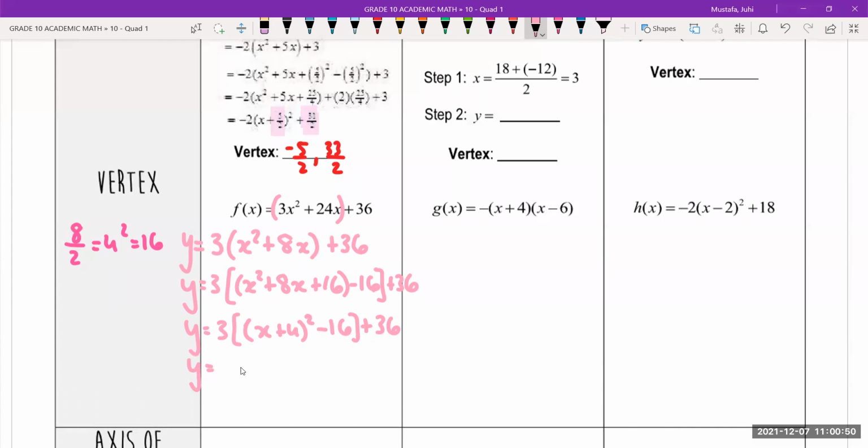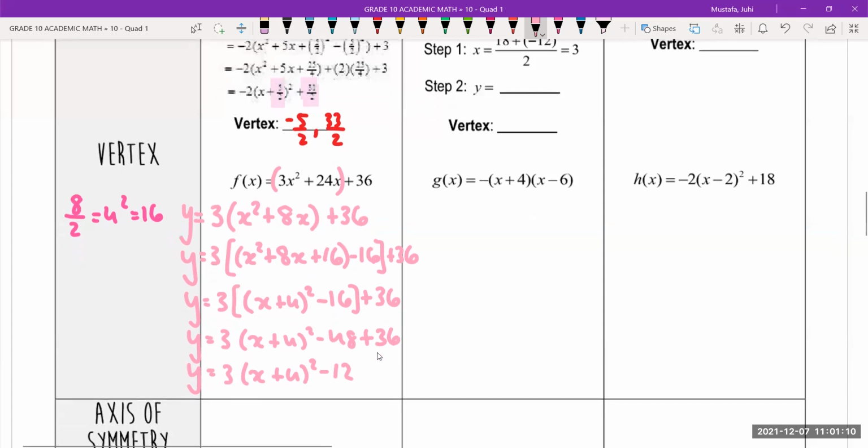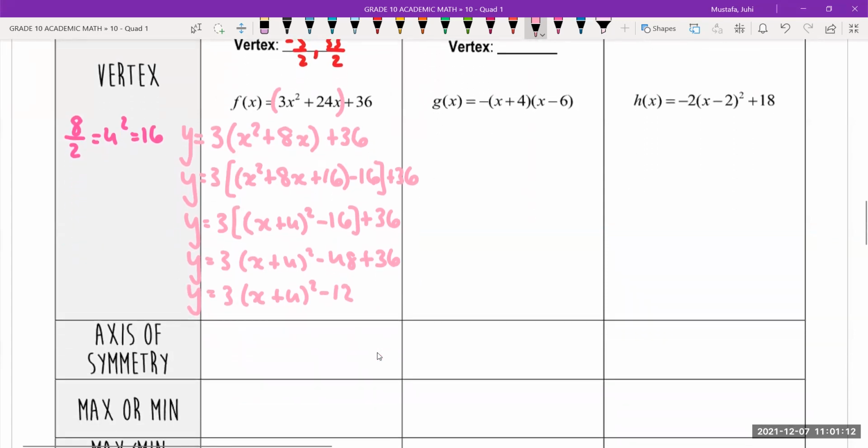And then I distribute the 3 to everything. So it's going to be 3 times x plus 4 squared, minus 48 plus 36. Question, Xavier? Yeah, that's fine. And then that's what I get as my final answer.